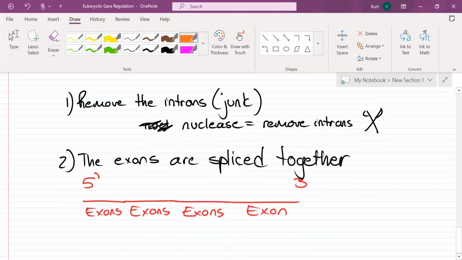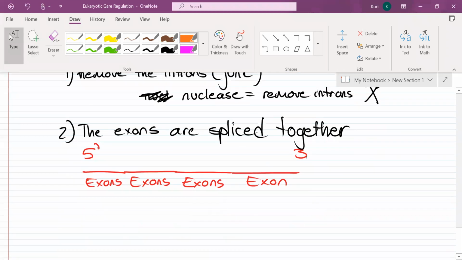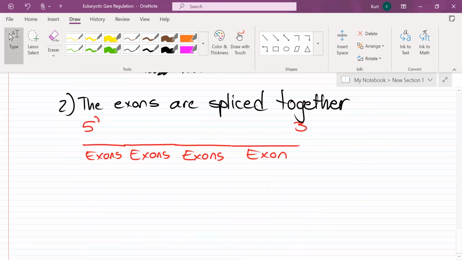There it is. We now have all the exons spliced together. We're still not done. Remember, we're currently trying to turn the pre-mRNA into final mRNA. I'm going to have to hustle because we have 5 minutes left.